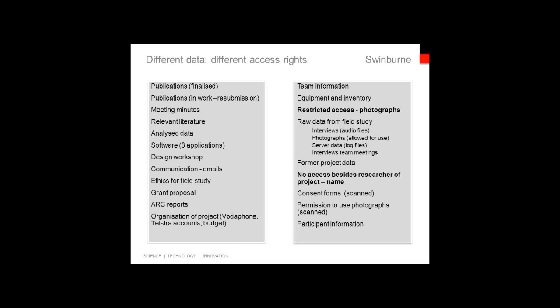It was everything from quite rudimentary things like the ARC reports that have to go in with the project and keeping an eye on the budget and that sort of thing, right down to analysed data, photographs which could never be shared because they were of children, server log files which nobody feels particularly sad about if they are public. But just the breadth of the kinds of different data really opened people's eyes a little bit to what it was that we were thinking about when we talked about research data.